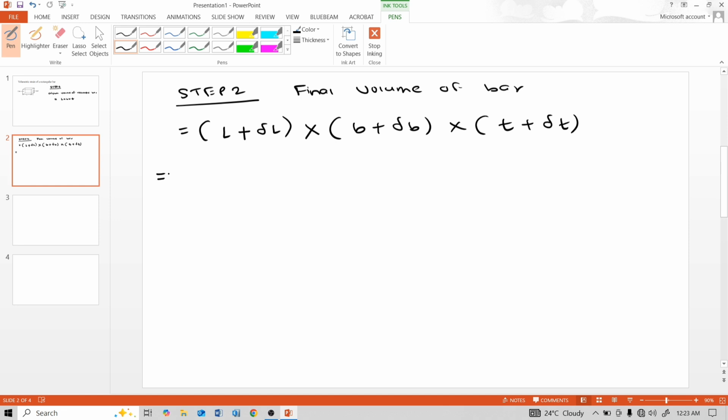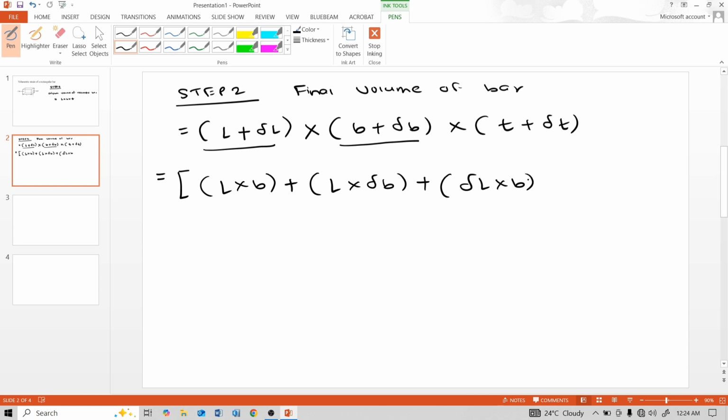Now calculate this mathematically. First solve these two brackets: L into B plus L into delta B plus delta L into B plus delta L into delta B. And the remaining bracket multiply by T plus delta T in this whole bracket.